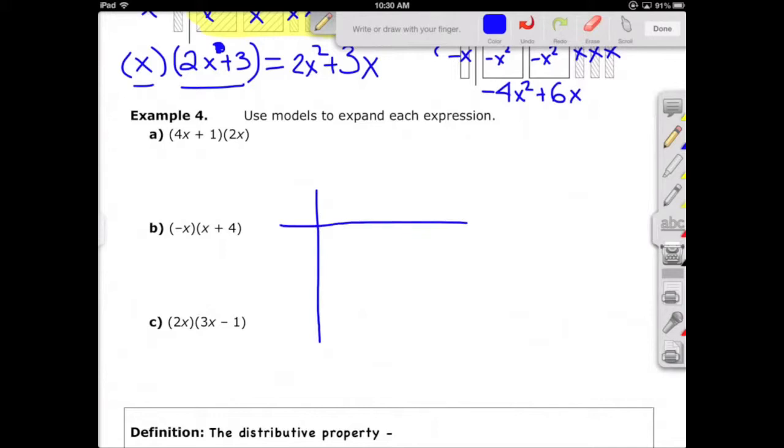So negative x multiplied by a positive x, and then 4. 1, 2, 3, 4. Let's color all these in. And then I'll even include the variables as well, because I think it helps you to see it. Here's your negative x. Here's your positive x. 1, 2, 3, and 4.